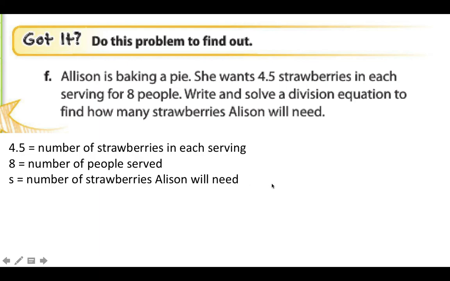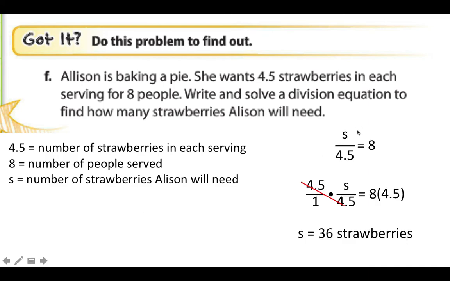Okay, so our equation is going to have all of these parts in there. S being the total number of strawberries she needs to buy, 4.5 being how much needs to be in each serving, and we should be able to serve 8 people with however many strawberries she buys in all. So S divided by 4.5 should give us 8 total servings.